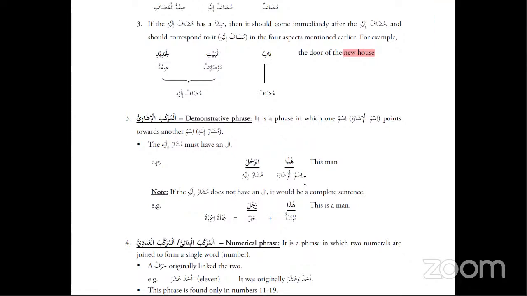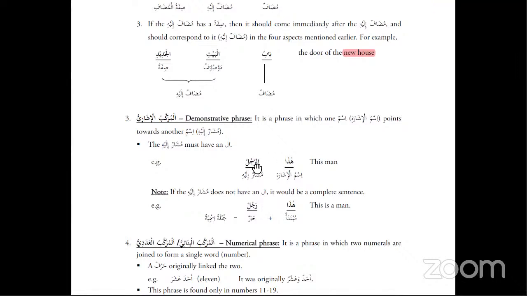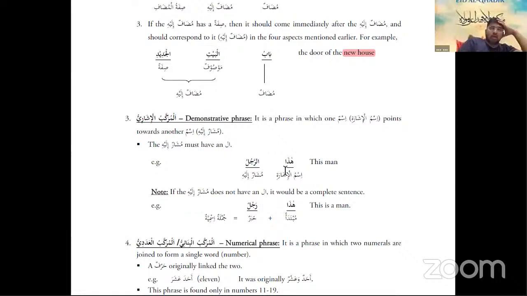So here in the top sentence, it was still mubtada and khabar, right? No, hadha ar-rajulu is not mubtada and khabar. As said, it is the subject together. Both of these nouns together are coming as the subject, the mubtada.